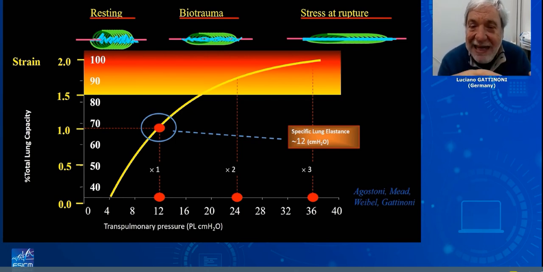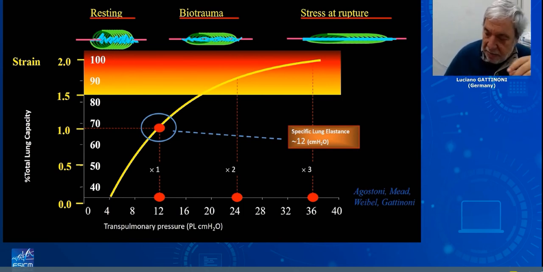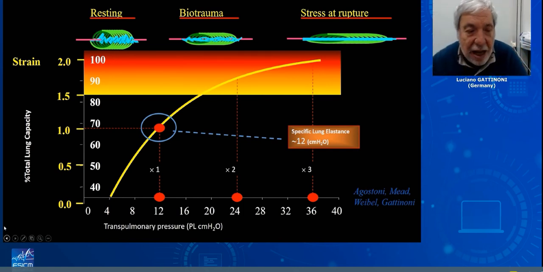Just to give an idea of the dimension of the problem, this is an old slide from the classical physiology of Wood. This is transpulmonary pressure. The strain is 0 when we have the lung at rest. Now let's see, I double the lung volume.